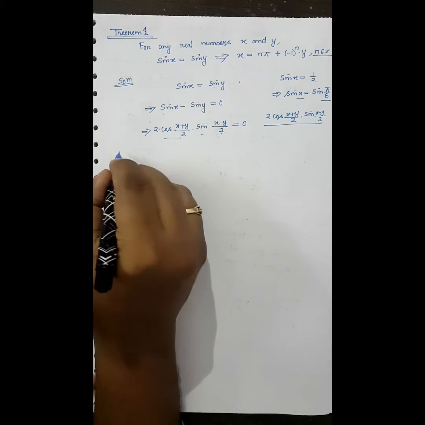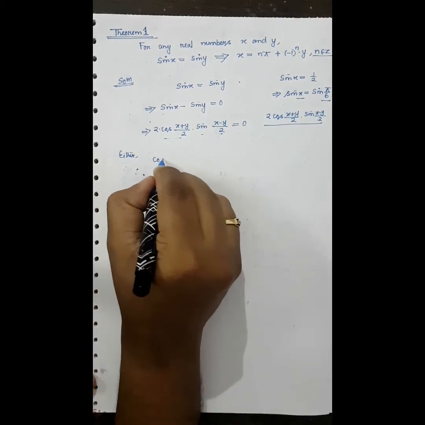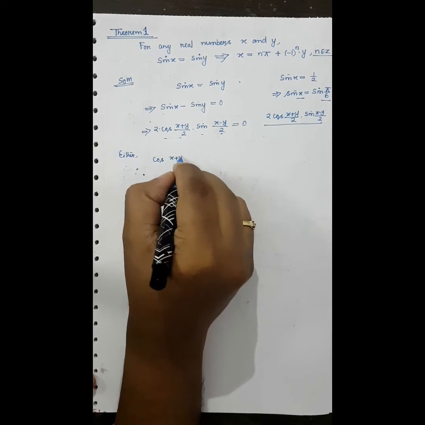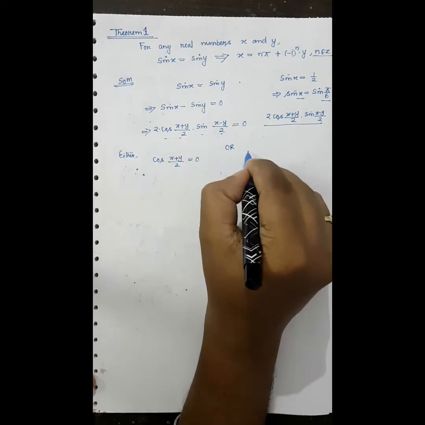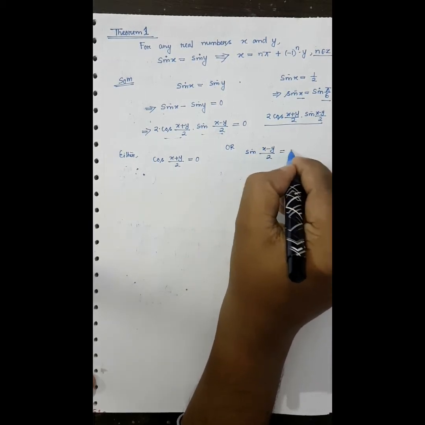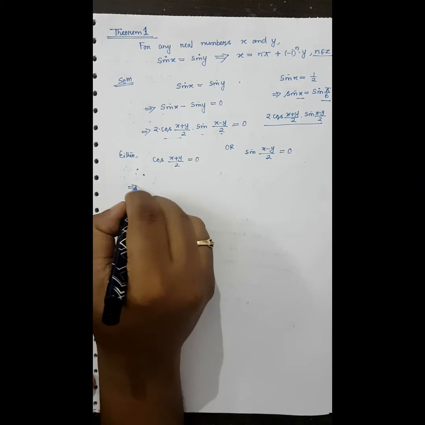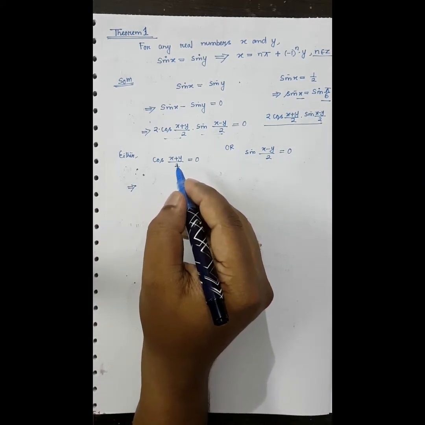So we can write either cos (x plus y by 2) is equal to 0 or sin (x minus y by 2) is equal to 0. Now we know that cos theta is equal to 0 whenever theta is equal to (2n plus 1) pi by 2.